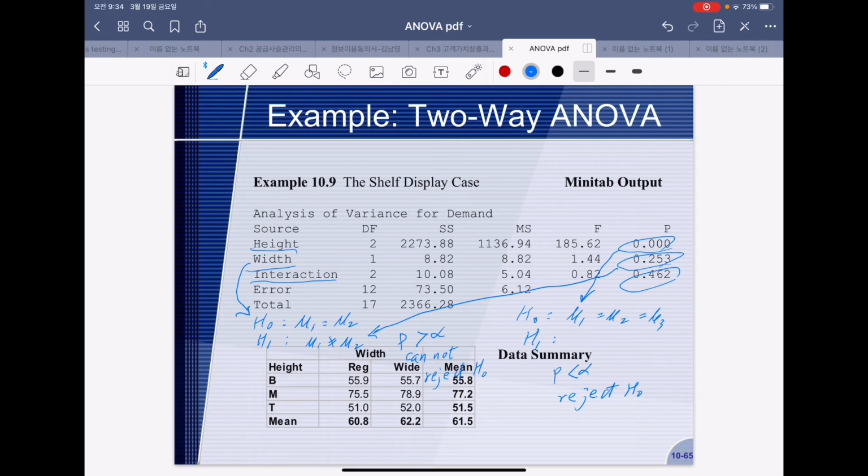That means you need to accept the null hypothesis. And the last one, let's talk about interaction. In the interaction case, the null hypothesis is no interaction.